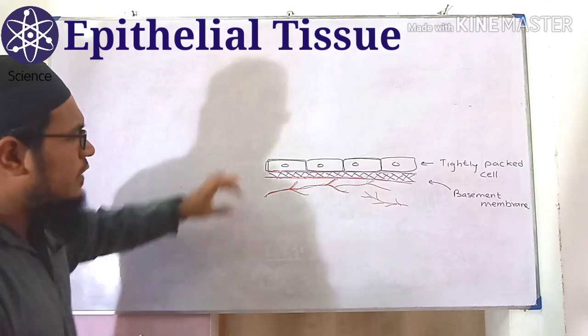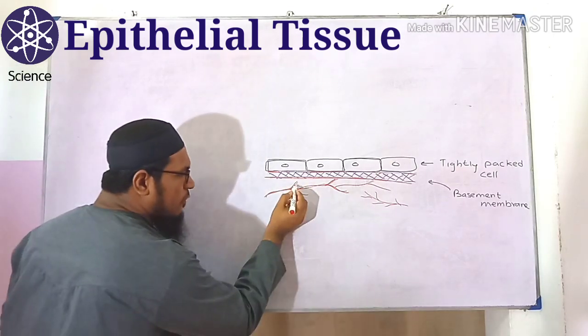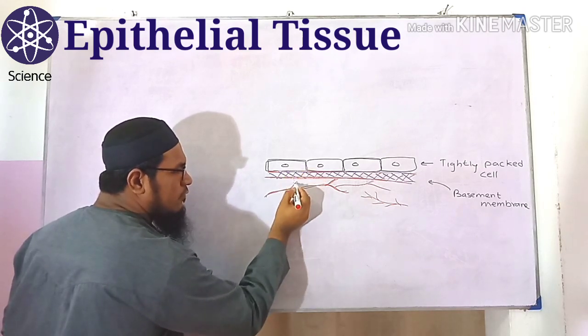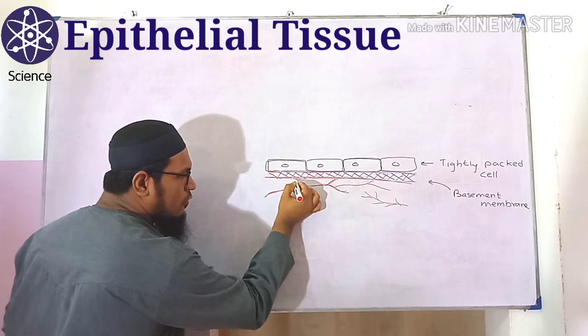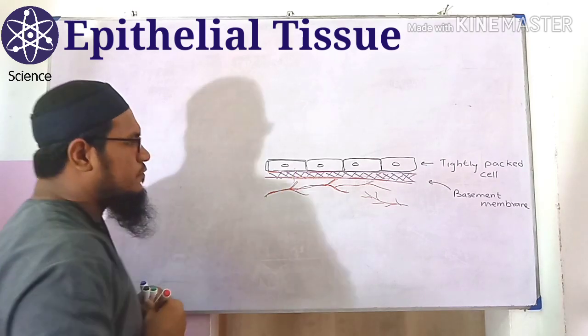Then how does this epithelial tissue get its nutrients? The nutrients from these blood vessels come out of the blood vessels and slowly travel to the epithelial tissue.